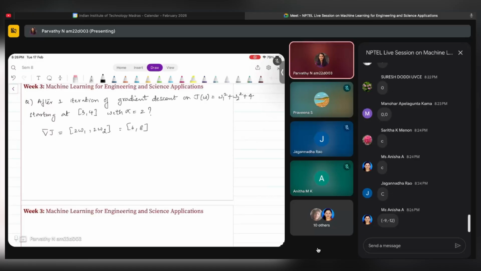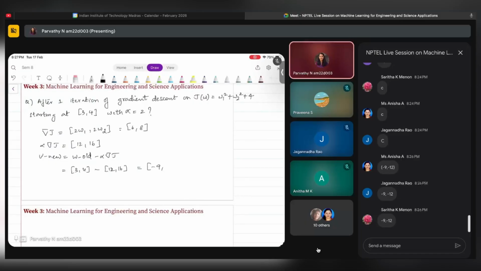Alpha is 2. So alpha times the gradient is 12, 16. W new is equal to w old minus alpha times the gradient of J. So that is 3, 4 minus 12, 16, which is minus 9, minus 12.